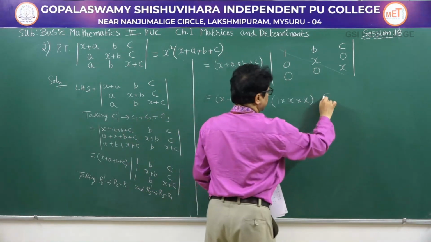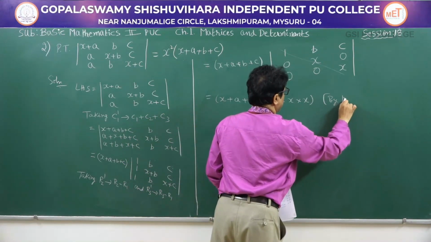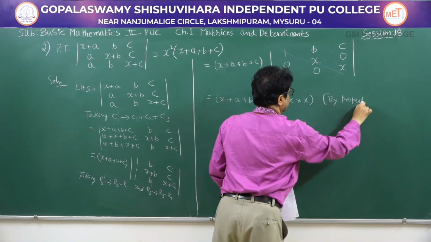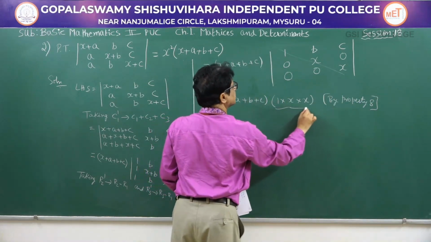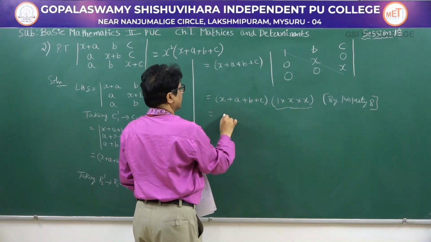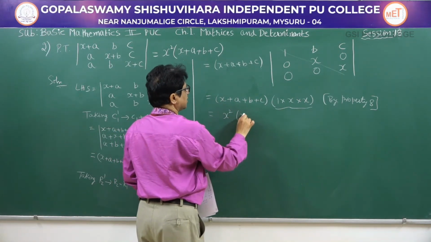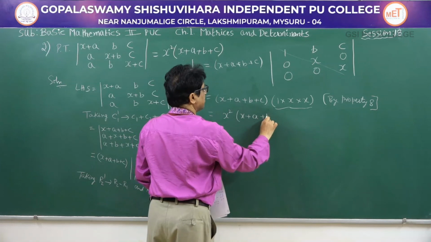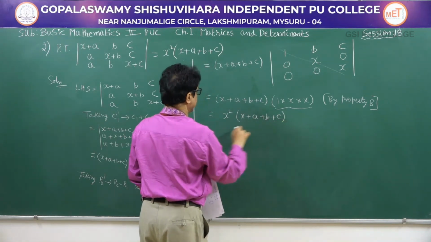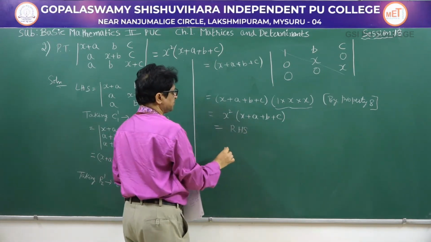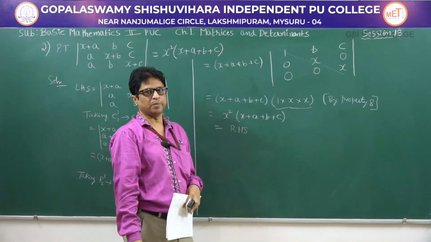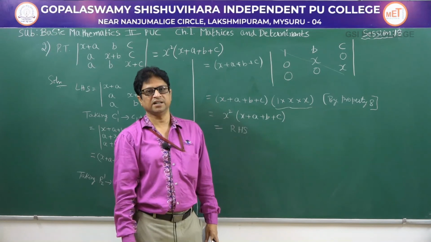So this is by property 8. So this will be equal to x square into x plus a plus b plus c, which is nothing but the RHS. That completes this problem. Okay, thank you.